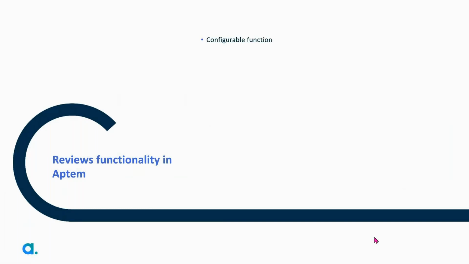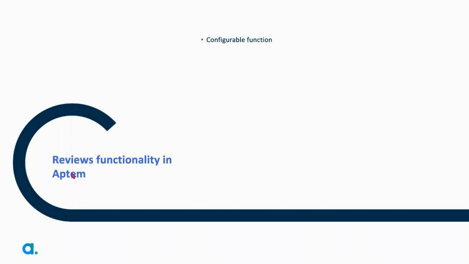I've mentioned the term reviews, and I've said that each one of these stages is supported, or can be supported, by the review functionality. If you're new to Aptem, that might sound counterintuitive, because as an apprenticeship provider, you will think of the word review and automatically think that means a tripartite, or you might think about an ALS review.